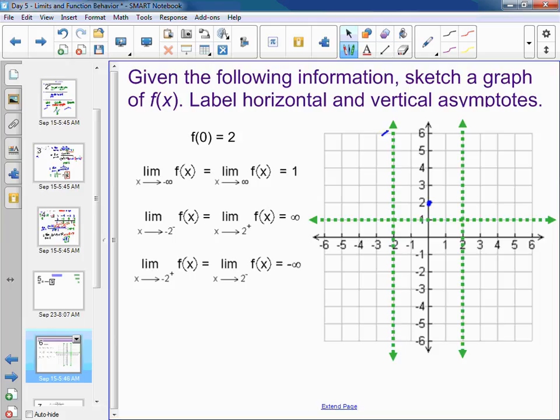So that would be what here? And as it goes to 2 from the right, so that would be like here. And f goes to negative infinity as x goes to negative 2 from the right. So negative 2 from the right would be like here. And f goes to negative infinity as x goes to 2 from the left, so that'd be like here.